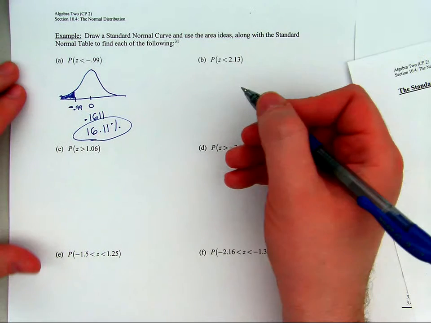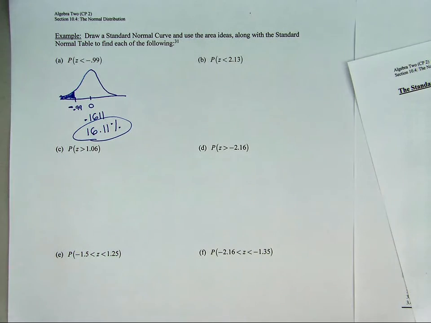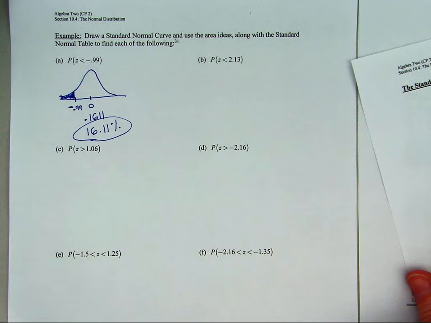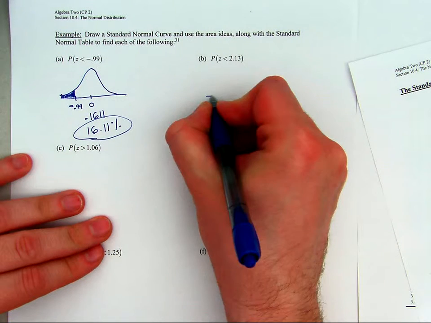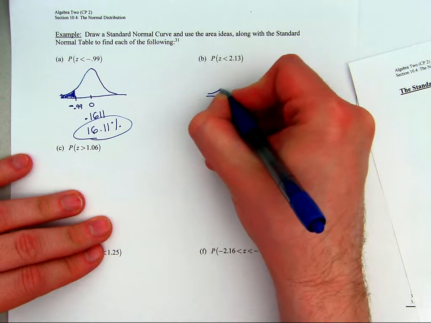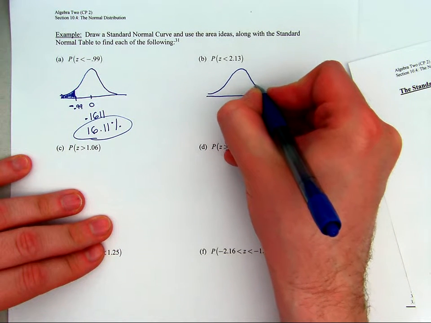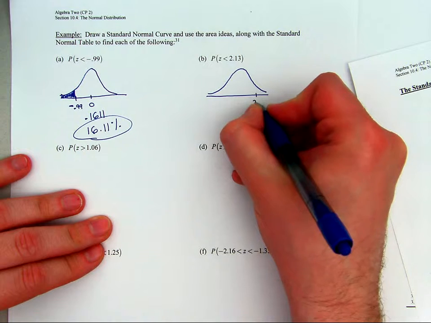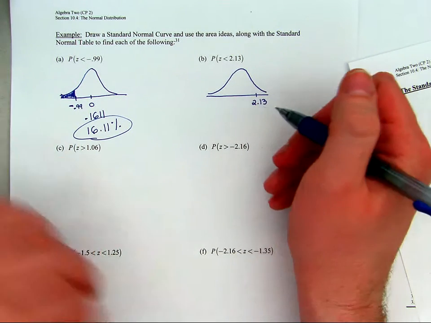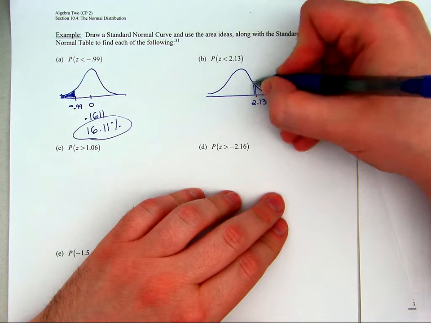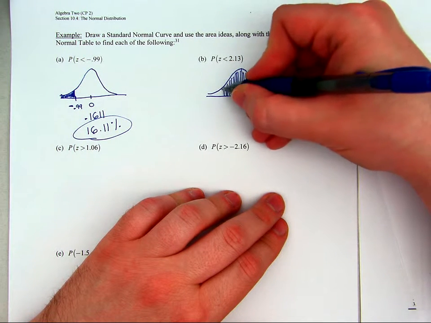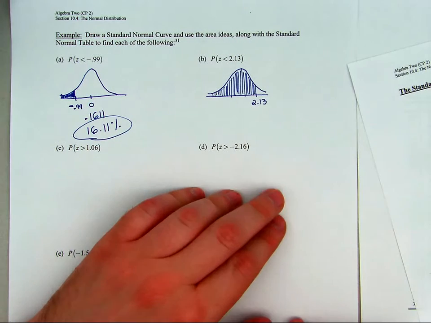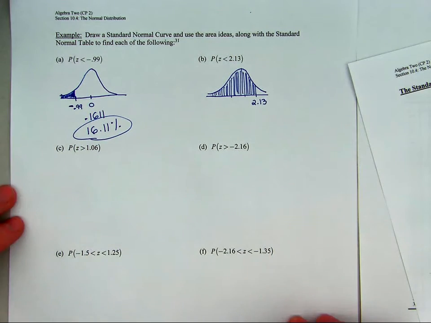Letter B. Take a moment, see what you can do in letter B on your own. I'm looking for the percent of data less than 2.13.